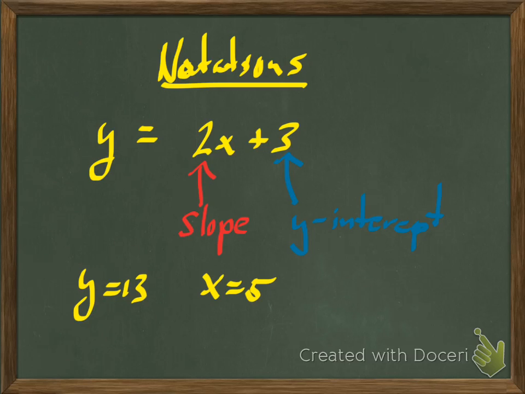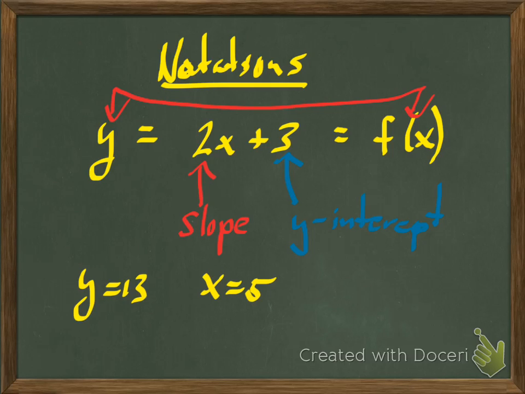A slightly more efficient shortcut notation is to call the function, instead of y, f of x. And that's exactly the same thing. You can see that I'm putting these together because the y and the f of x serve the exact same purpose. When I graph y equals f of x, this would be the x axis, and this would be the f of x axis, which is the same thing as the y.